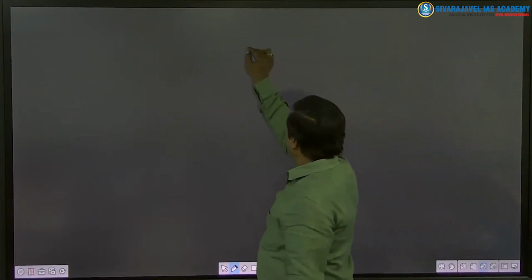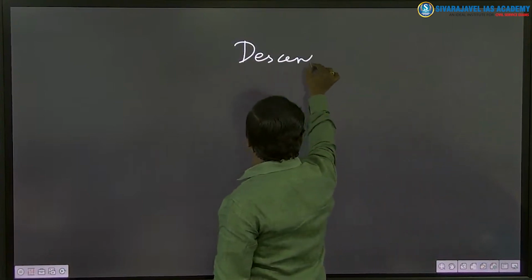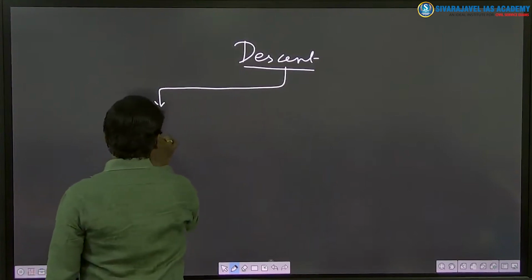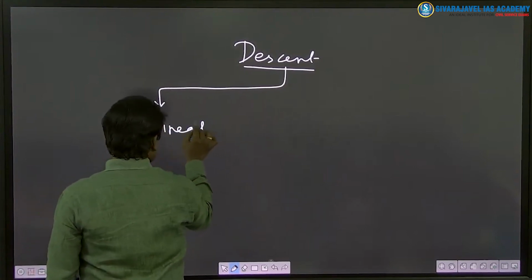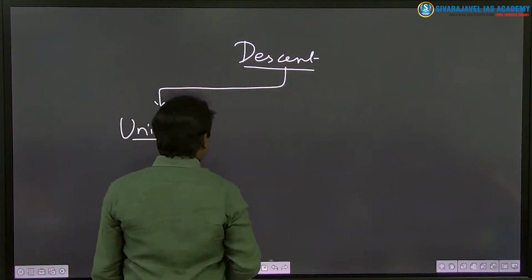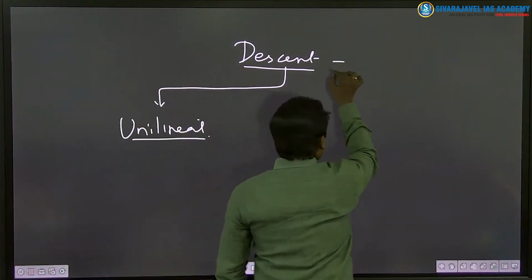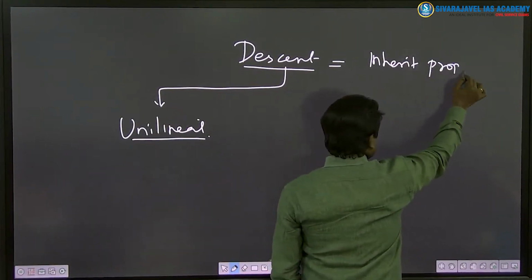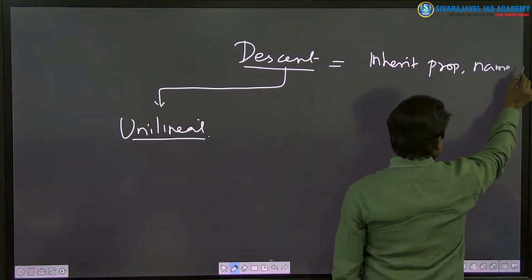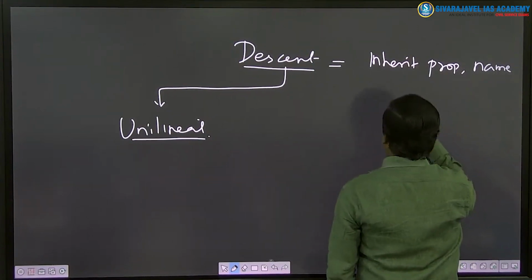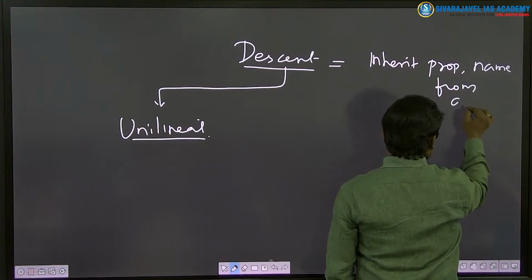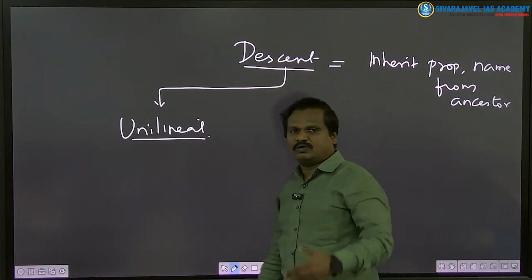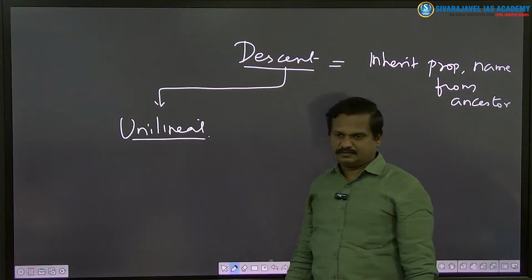Descent is of two types. One is unilineal descent. Why is descent very important? Because you inherit the property and the family name from your ancestors. So for inheritance purposes, you need to know descent.